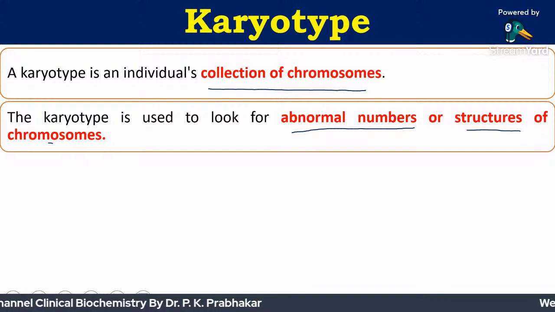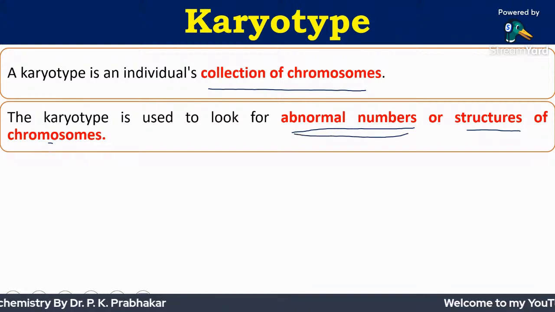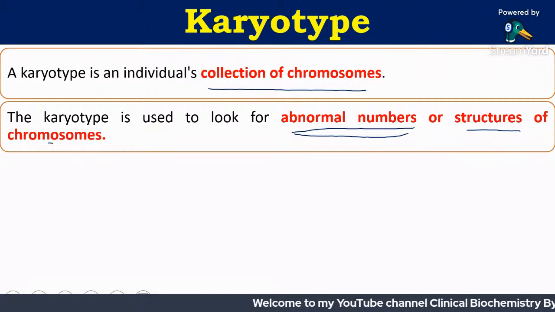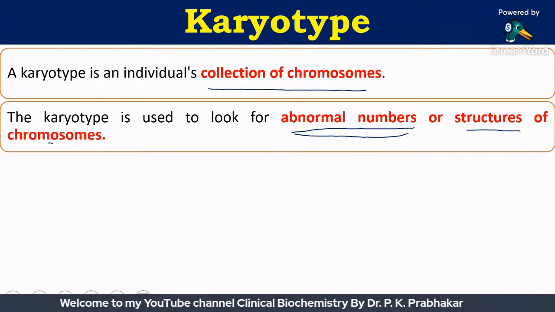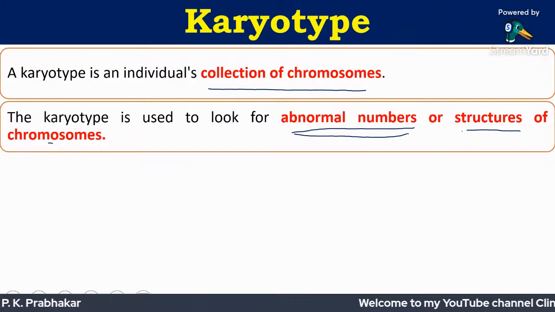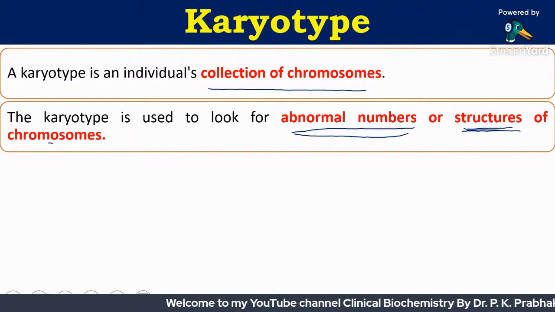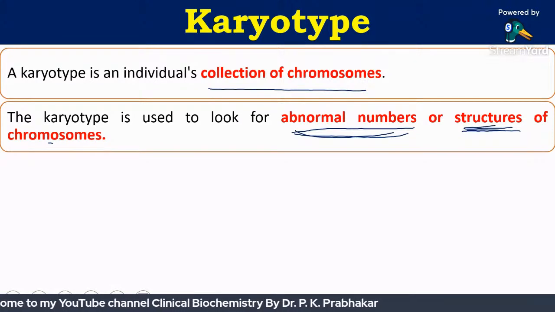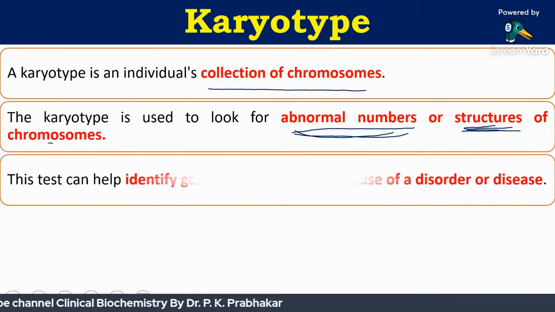That is an abnormal number, and there we have nullisomic, monosomic, double monosomic, trisomic, double trisomic, tetrasomic, and so on. Or there is an insertion or deletion of some portion of a chromosome, which is a change in chromosome structure. So the karyotype gives us information about abnormal number or abnormal structure of chromosomes.